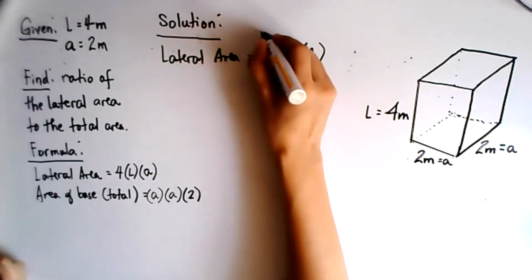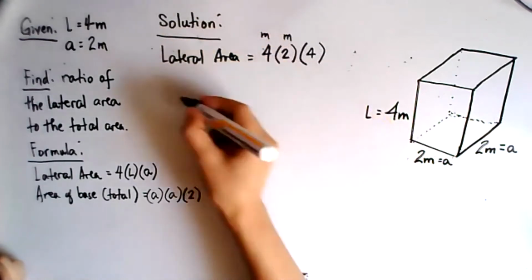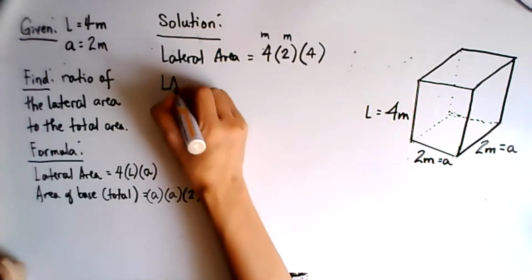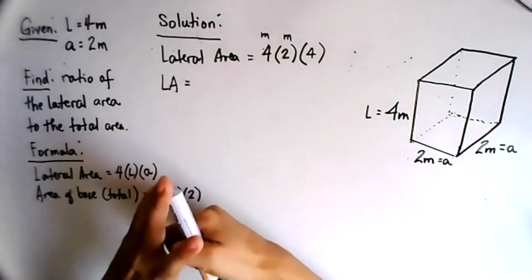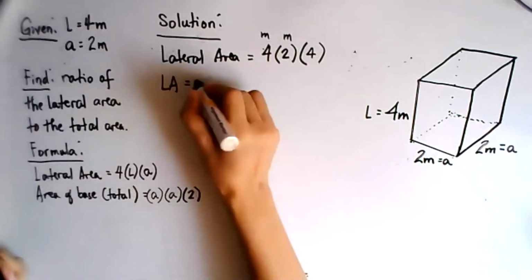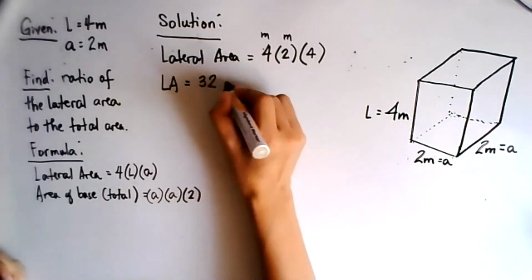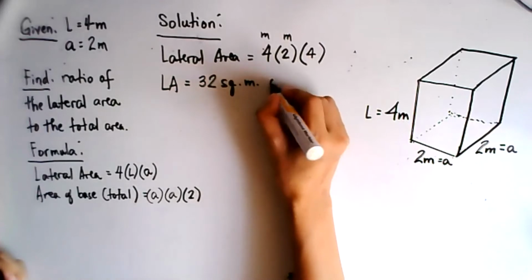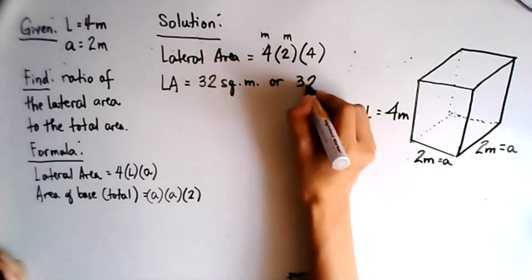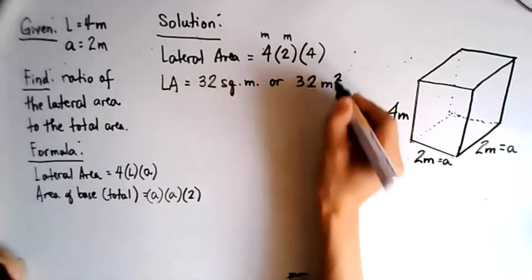So this is 4 meters. This is 4 meters. So the lateral area will be equal to how many? 4 times 2 times 4. How many? We have 32 square meters.